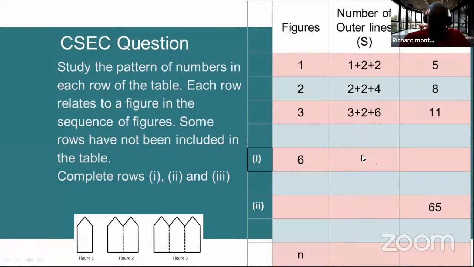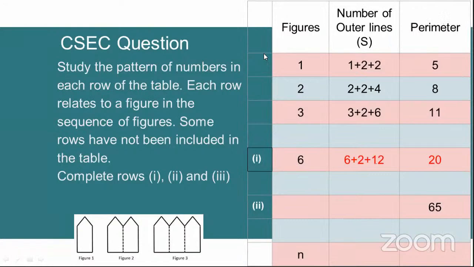We have, for this, let's just finish up row 1, which we know is going to be 6 plus 2 plus 12, which would give us 20. All right, and for 65, I think persons are now ready. And in response to your previous questions, persons answered and said multiplied by 2 times 2. All right, great going, my detectives, great going.